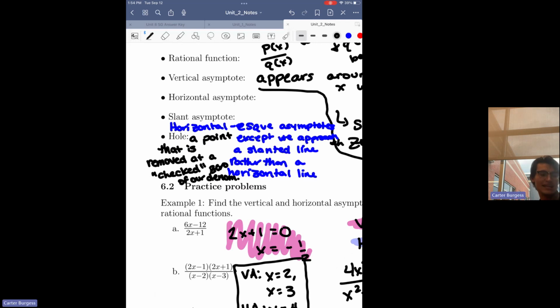So it is a point that is removed, just like where we see the same factor in the numerator and denominator, at a zero of our denominator. Which is, again, not a math term. If you use that with any math teacher or math professor outside of this classroom, they're going to look at you like you're crazy, or maybe not.